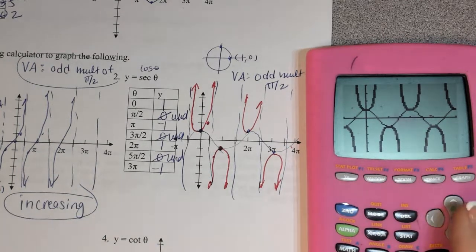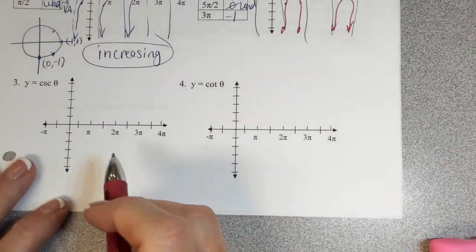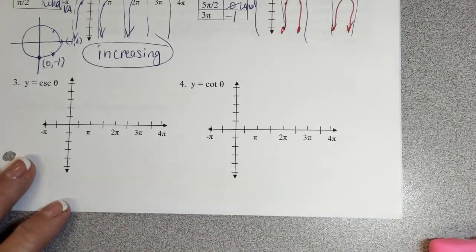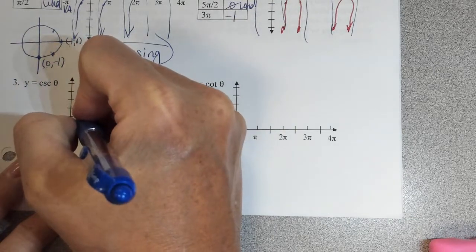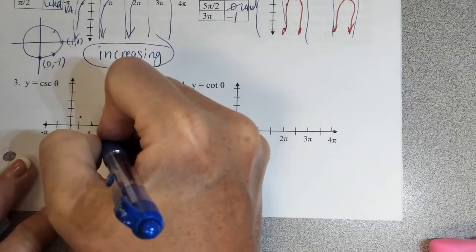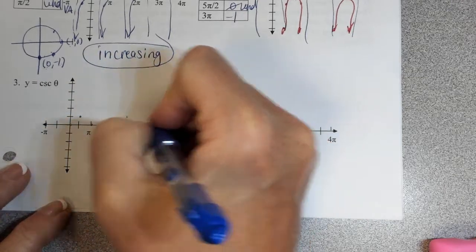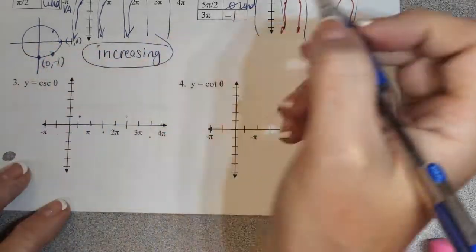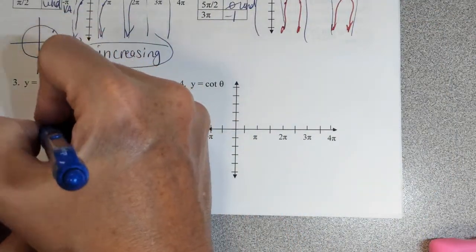All right. You're going to be allowed to use your graphing calculator, but I kind of want you to understand where it all comes from as well. For cosecant, what do you think I could graph as a helper to graph it? Sine, yeah. Sine goes 0, 1, 0, negative 1, 0, 1, 0, negative 1, 0. And wherever I have 0, I'm going to get a vertical asymptote. So here's a vertical asymptote.